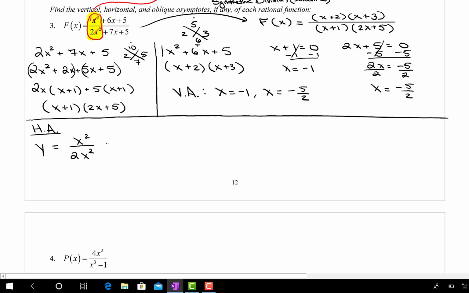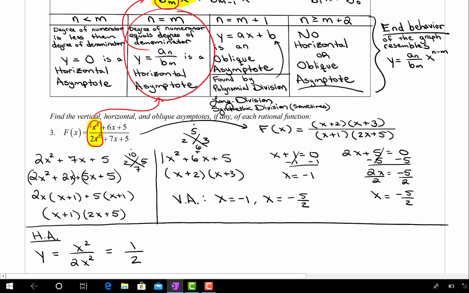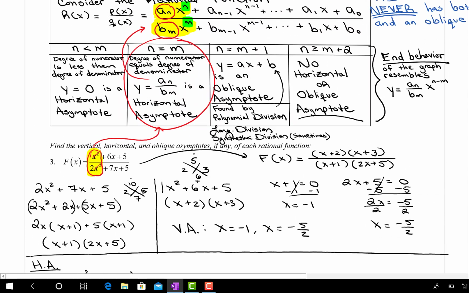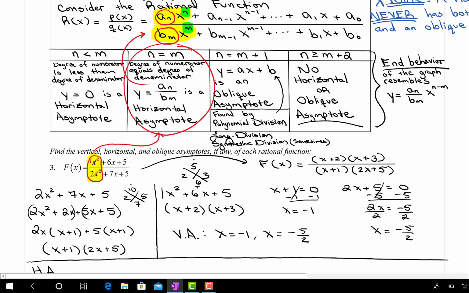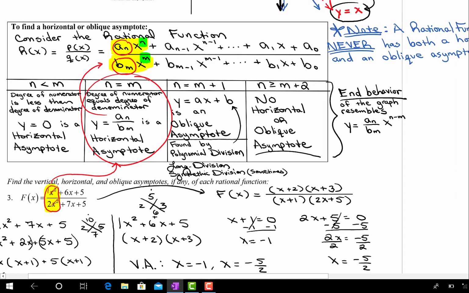And what I basically just did here is, since the degrees are the same, I just ignore the x's and look at the coefficients of those leading terms. And so that's going to end up giving me that 1/2. So we're basically going to write here, our horizontal asymptote is y equal to 1/2. And yeah, that's it. We covered everything there, right? Everyone agree?